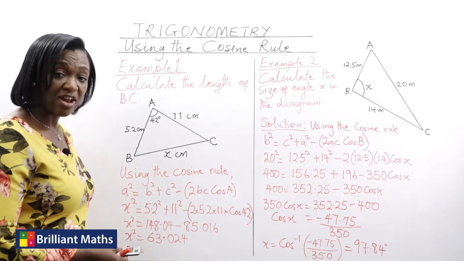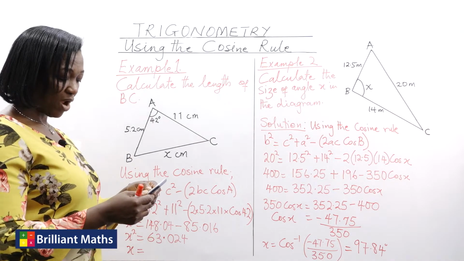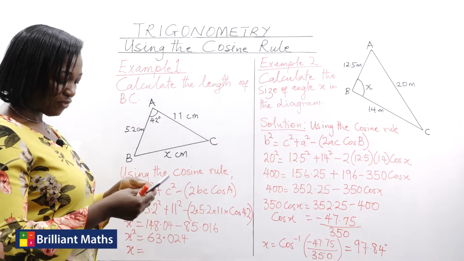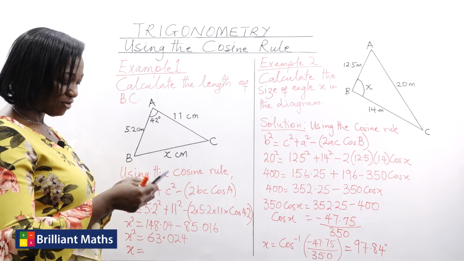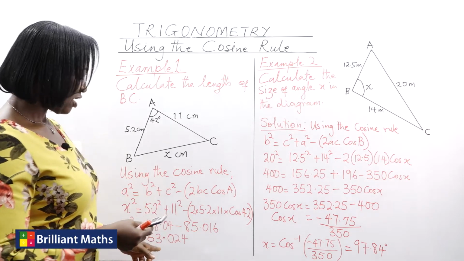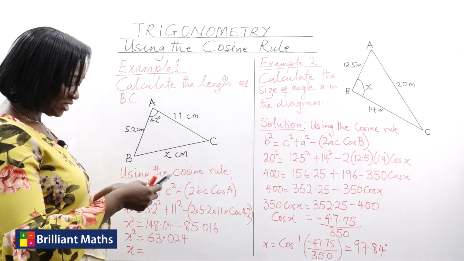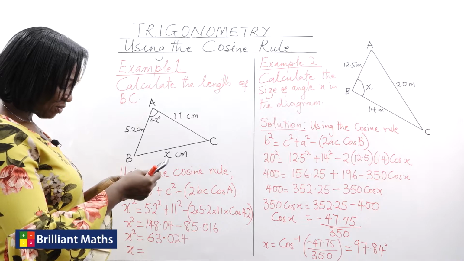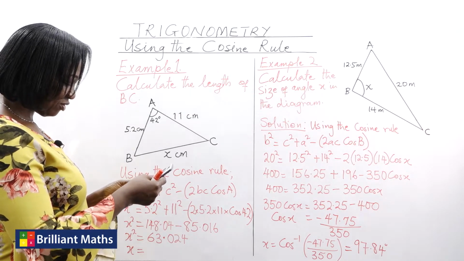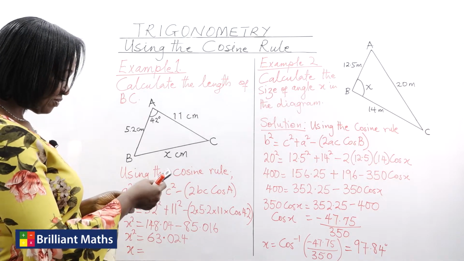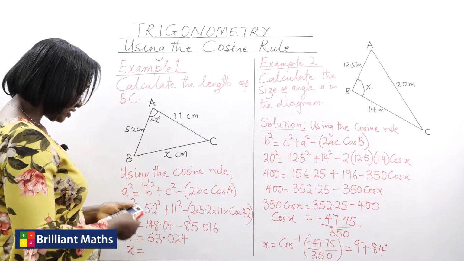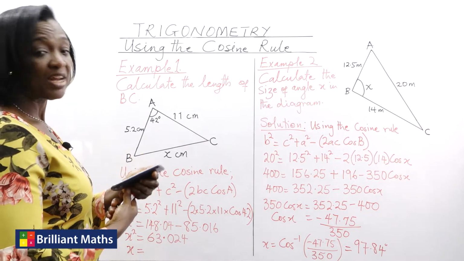Then to find the value of x, you find the square root of 63.024, and that gives us 7.94.